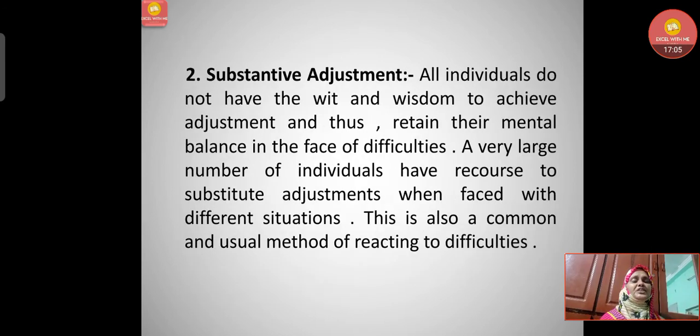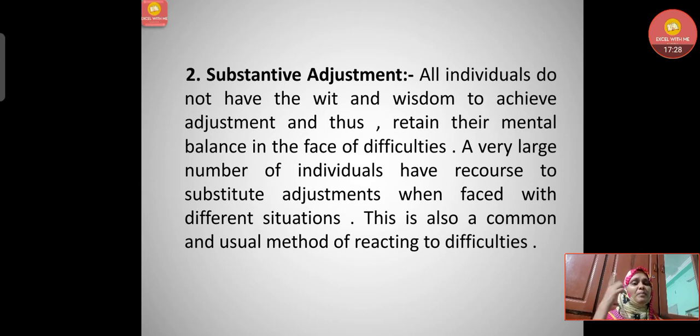Second one, substitute adjustment. All individuals do not have the wit and wisdom to achieve adjustment, and thus retain their mental balance in the face of difficulties. Obviously, all individuals will not have the same guts or the adjustment behavior mechanism to achieve whatever they want.